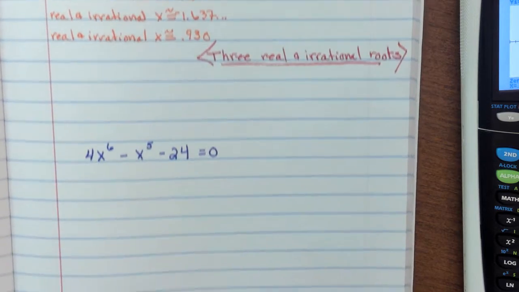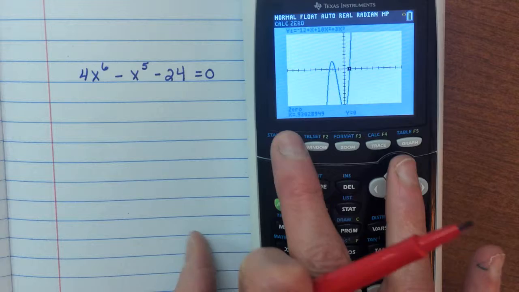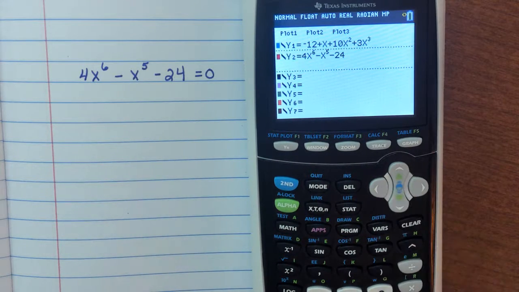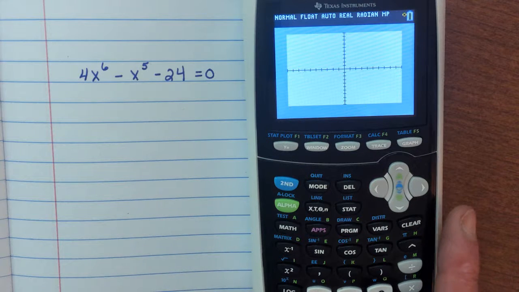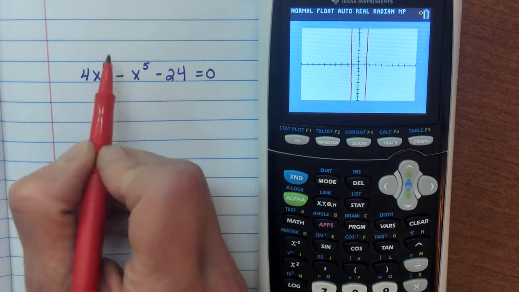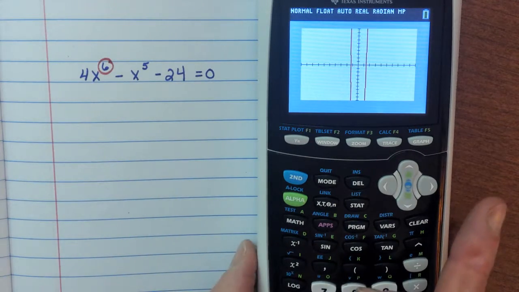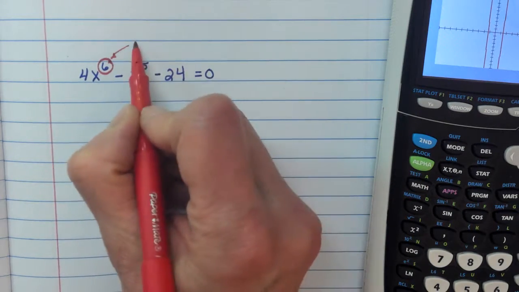Okay, so let's look at this one down here. Same sort of deal. I'm going to go to my calculator. I'm going to turn that equation off and turn the other one on. I'm going to graph it. So for this one here, I am looking for 6 roots because the fundamental theorem of algebra tells me that.